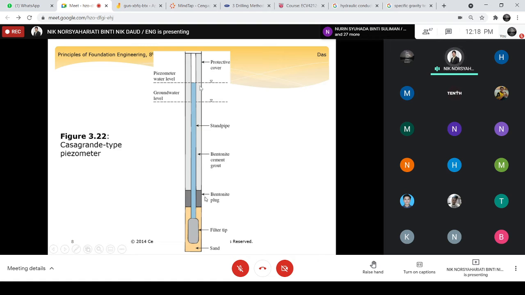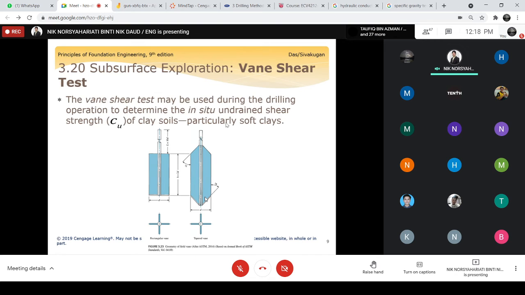You just put a tool like a standpipe here, then prepare a cement grout, then this is a filter set, this is sand, and then you can check the water level at your site. This is based on the piezometer. Okay, that one is about the observation of water level.